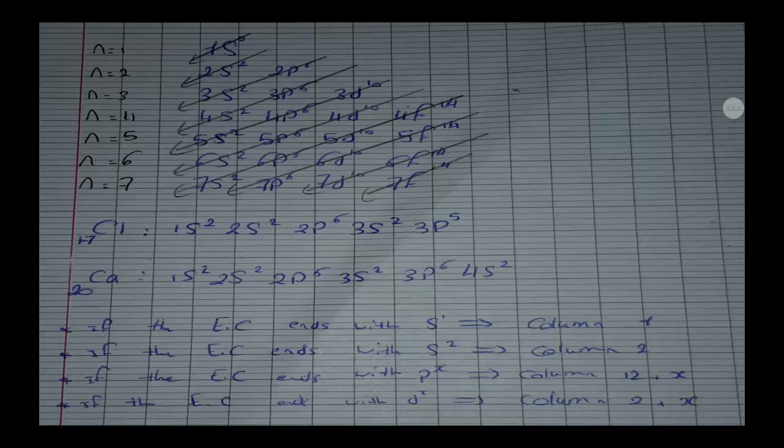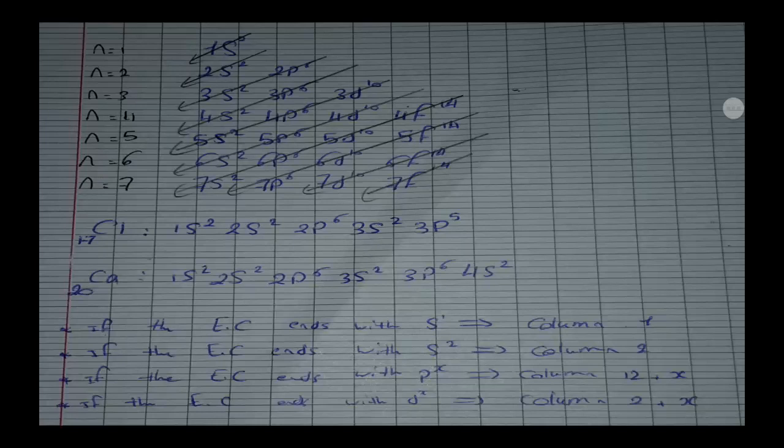Here it is. For example, I have Cl 17. Cl has Z equal to 17. I should distribute these 17 electrons on the subshells. I start by using the Klechkowski rule in this way: 1s2, 2s2, I start from the right to the left. 1s2, 2s2, 2p6, 3s2.